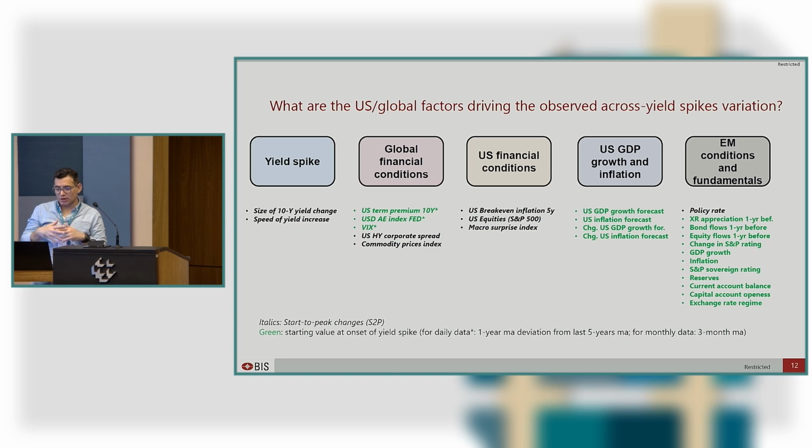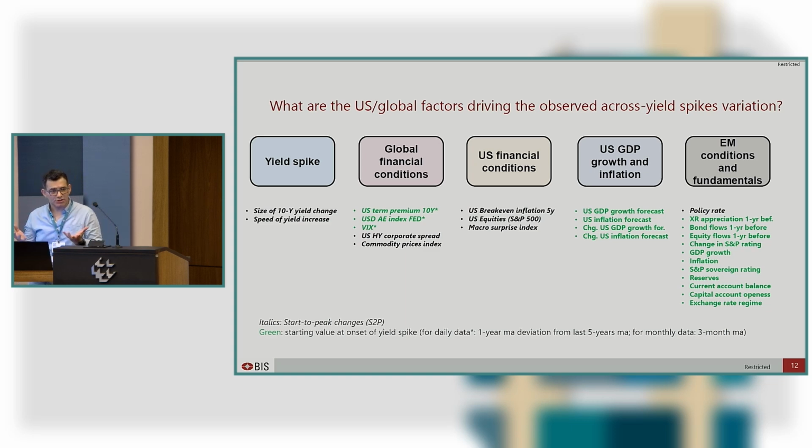We're going to look also at global financial conditions, including the change in the U.S. term premium, the change in the dollar index against advanced economies, proxies of investors' appetite for risk such as the VIX or the high yield corporate spread in the U.S., prices of commodities. We're going to use U.S.